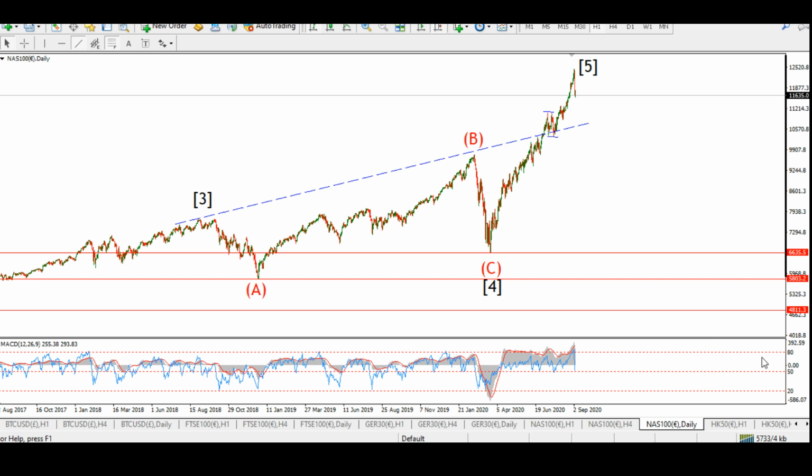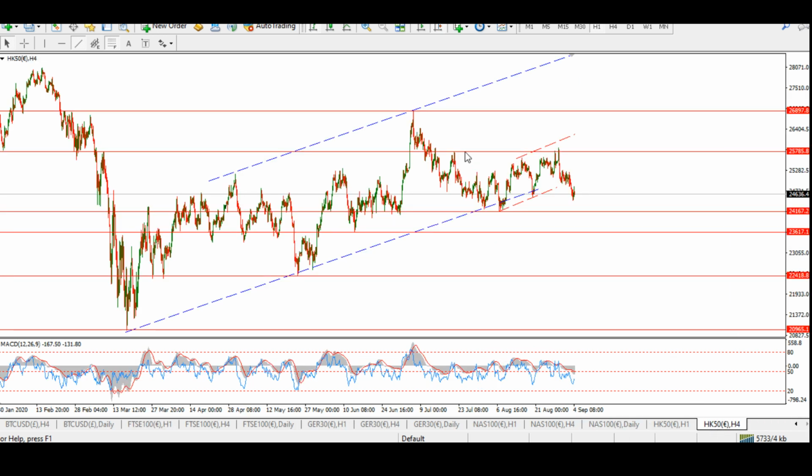Okay. Well, I'm going to do Hong Kong as well. So it's here sitting, staring at me. I haven't labeled the Hong Kong chart because I'm still trying to figure it out, to be honest. Off the March lows, we had this 3-wave rally. This decline off the high here hasn't.